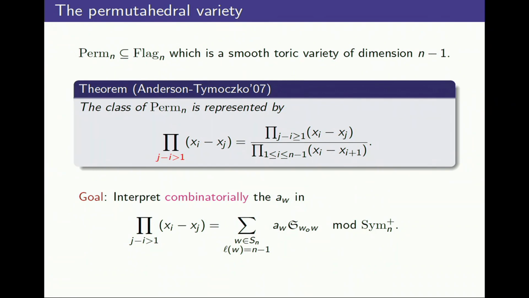And the stuff it's missing is x_i minus x_{i+1}. Right? And the question that I was asking on the previous slide about the class of the permutahedral variety is really this question. I want to take this thing, and I want to expand it in terms of Schubert polynomials of co-degree n minus 1. And they're going to come up with some coefficients which are non-negative.